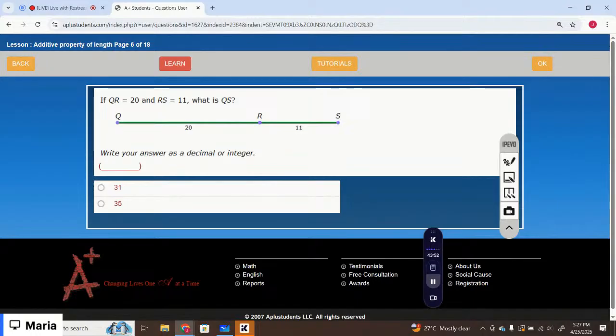If QR equals 20 and RS equals 11, what is QS, which is the correct option? 31, it is option number 1, the correct option.